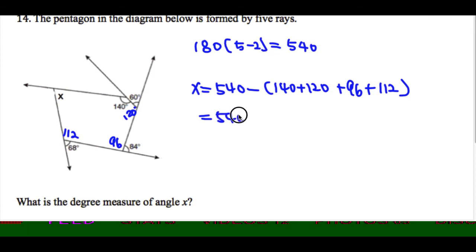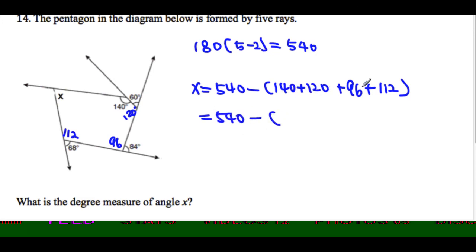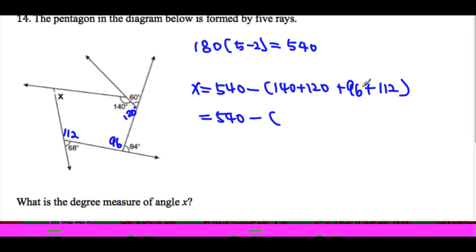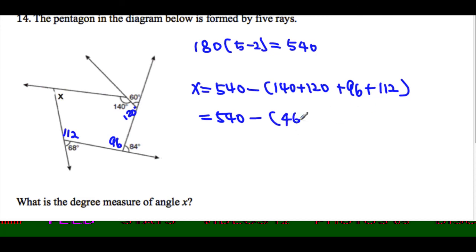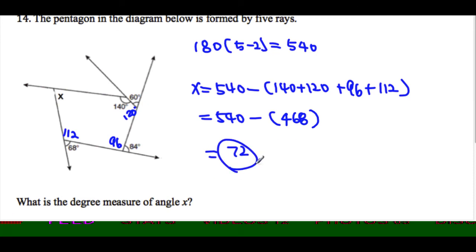So 540 minus, this becomes 260, and then 356, 468. Then the answer becomes 72. So 72 becomes our final answer.